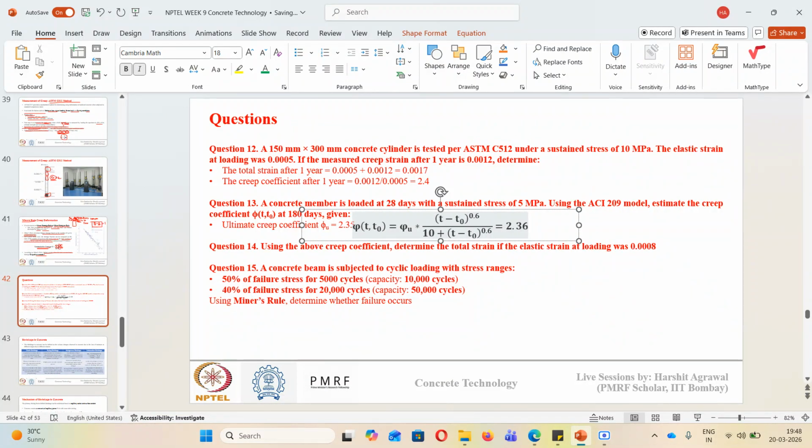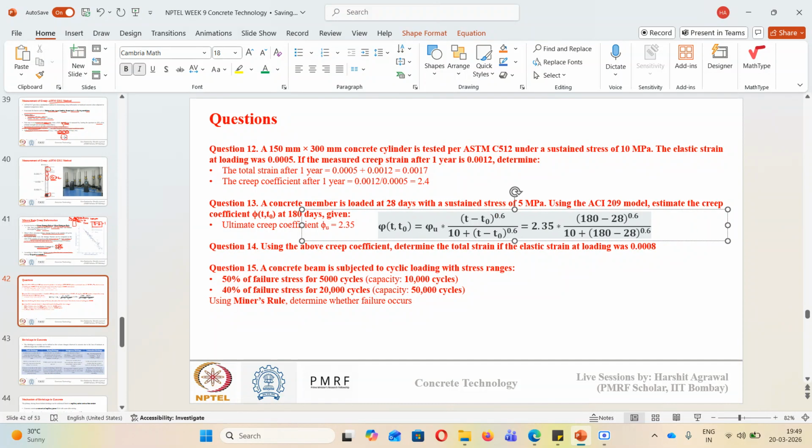So it is 2.35 times (180 minus 28) to the power 0.6, whole divided by 10 plus (180 minus 28) to the power 0.6.